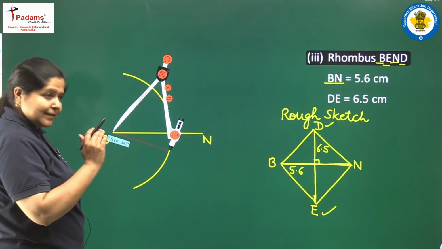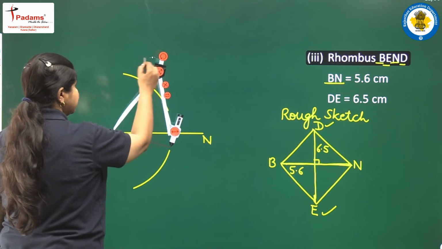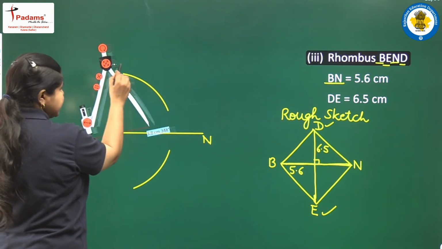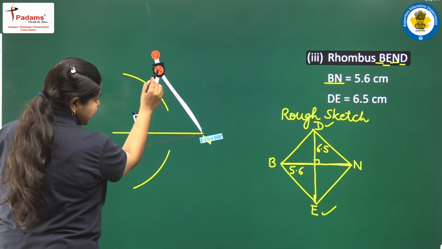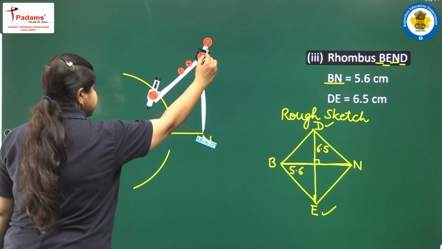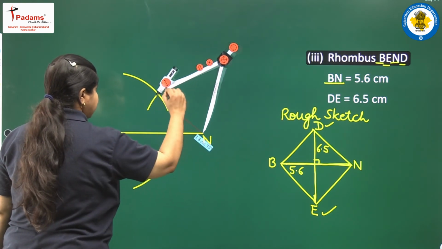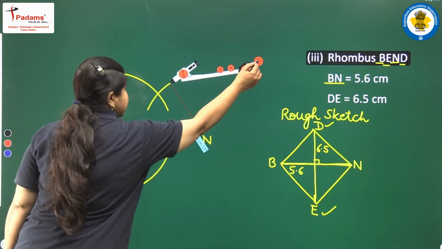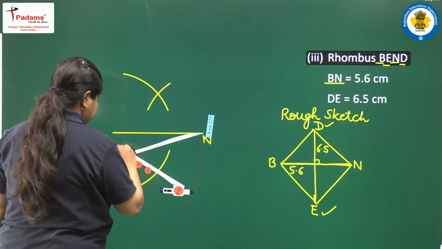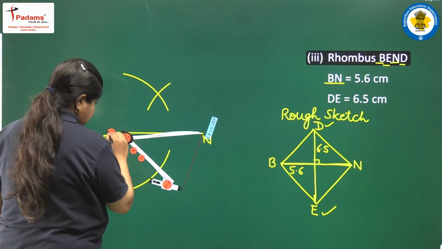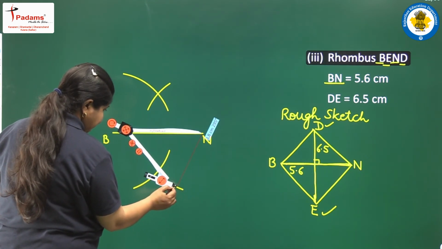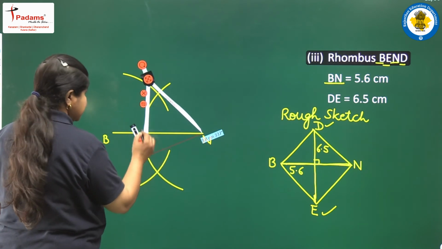Next what we will do is, we will not change the radius. With the same radius we will keep this pointed end at N, and with the same radius we will draw this arc, and again with the same radius we will draw it at the bottom also, below this BN, in this way.